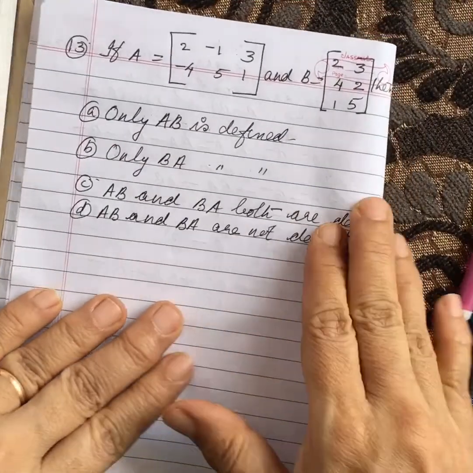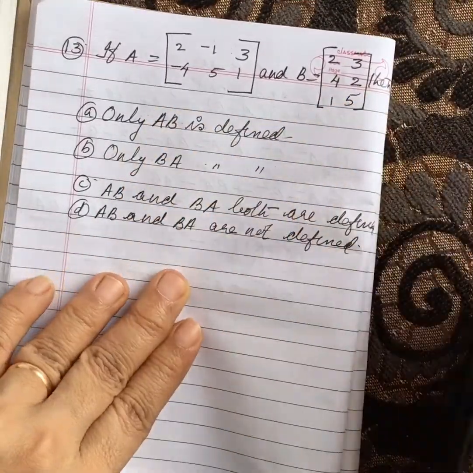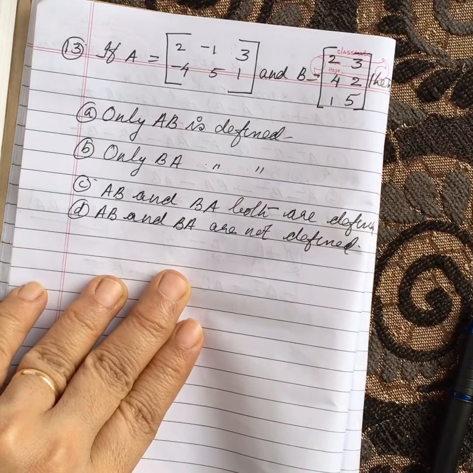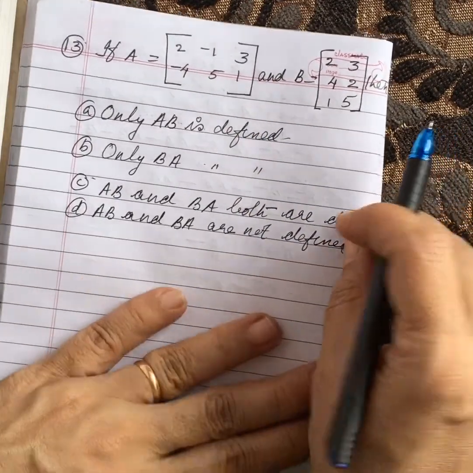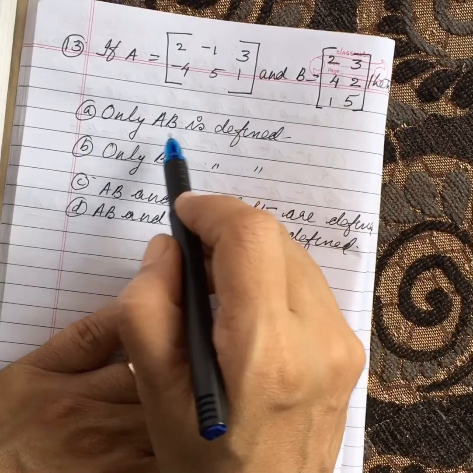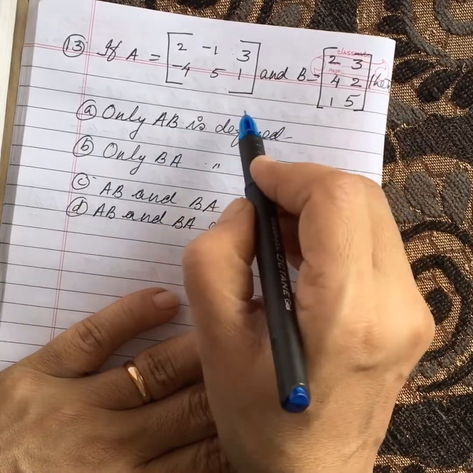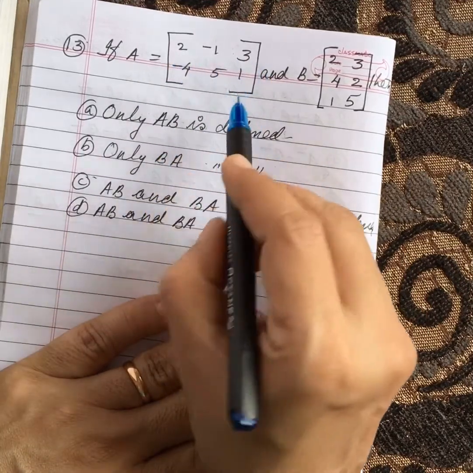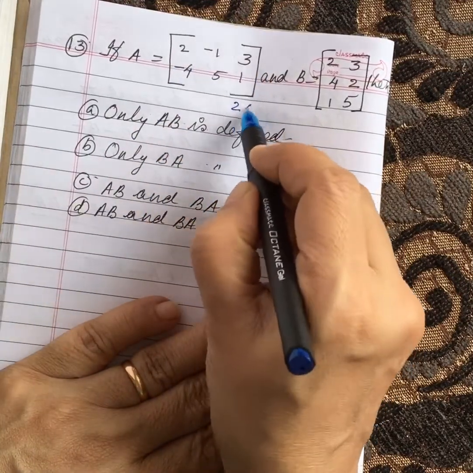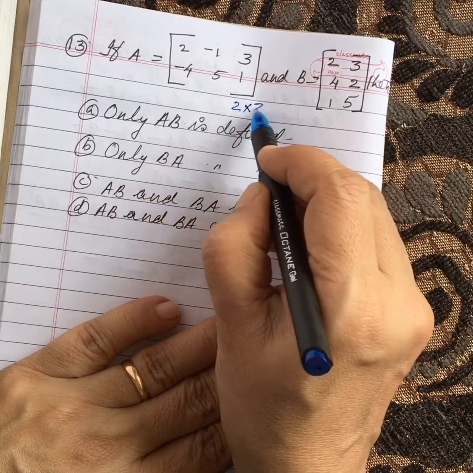The next one: A and B are given, then only AB is defined, only BA is defined. Means you have to just see whether this multiplication is defined or not. Multiplication is defined means you have to see the order. What is the order of A? Order of A is 2 by 3, number of rows by number of columns.